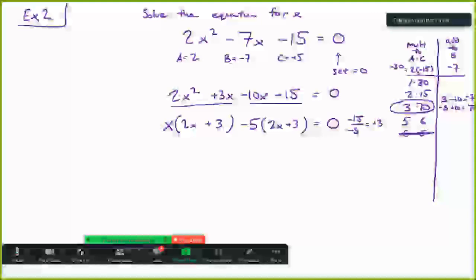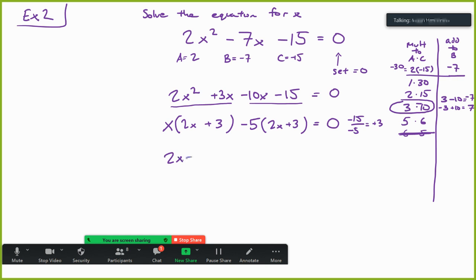And now my parentheses are equal. Awesome. So I'm going to factor out the whole parentheses. 2x plus 3 times the leftovers, x minus 5, equals 0.